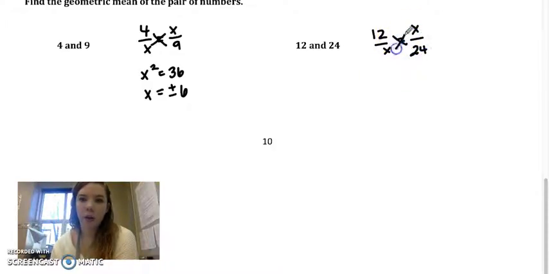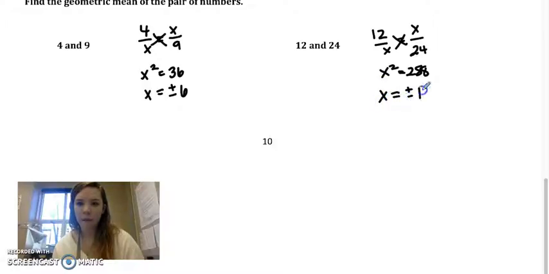All right, so here, 12 times 24 is 288. And the square root of that, we'll go ahead and leave in its simplified radical form, is 12 root 2, whereas the decimal will be rounded to 16.97.